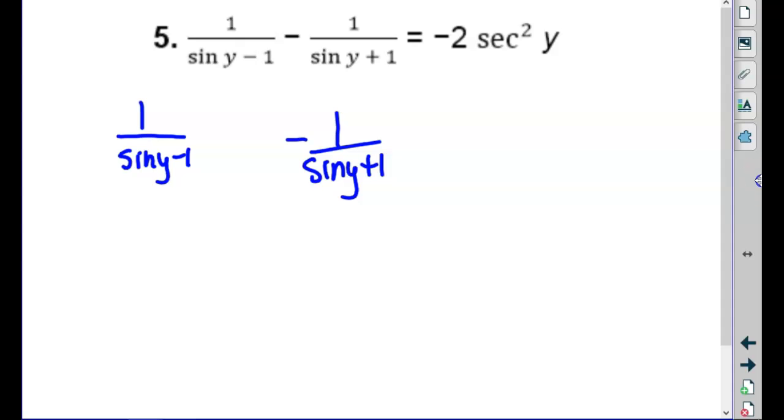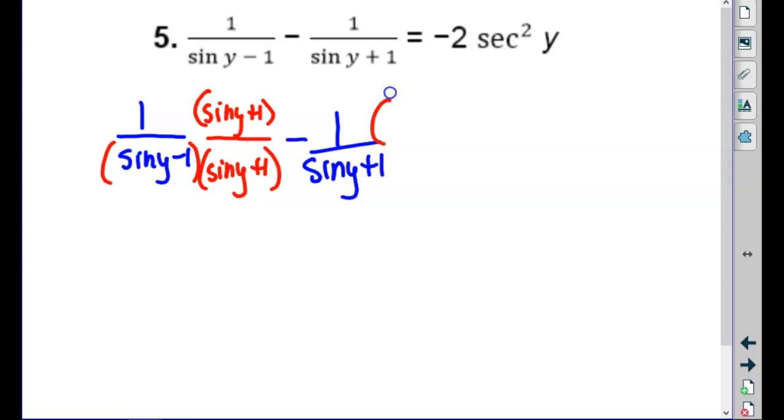Now, what do I need to multiply the first one by? Sine y plus 1 over sine y plus 1. And the second one I need to multiply by sine y minus 1 over sine y minus 1.